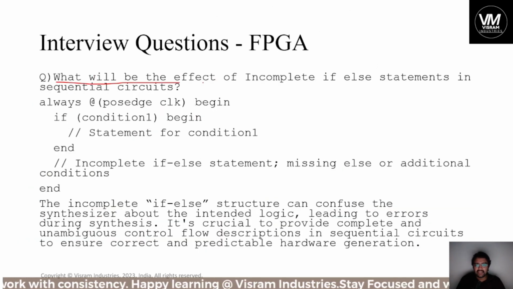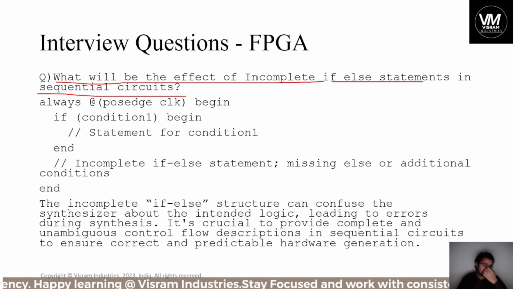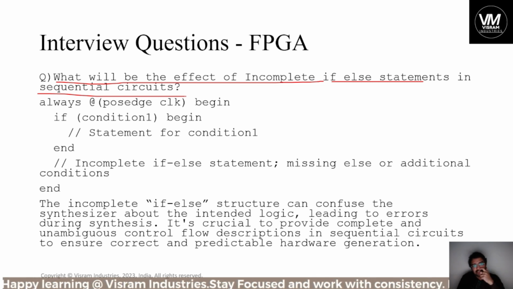What will be the effect of incomplete if else statements in sequential circuits? You are designing a sequential circuit implementation on the FPGA, and you have written only an if else condition, but you didn't end it properly. What happens?